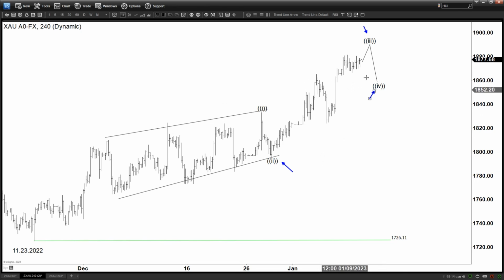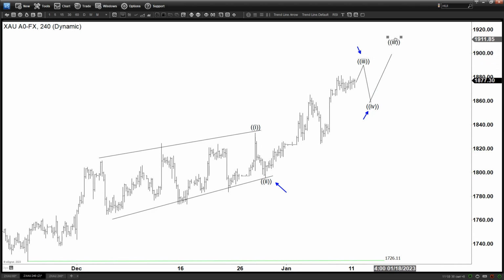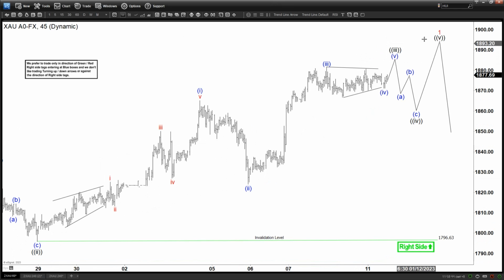Okay, so if this is 3 4 and 2, then we can sort of conclude this has to be in the 1. Okay, and there is what looks like some sort of a diagonal here, the rally that ended with 1 here. So what we're seeing here is we're looking for a 5 waves rally that should be ending with 1, as the 1-hour time frame here suggests.